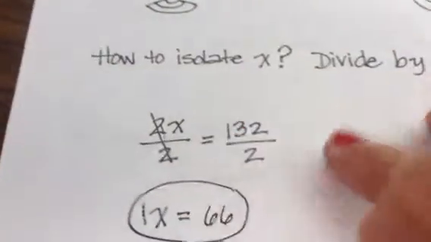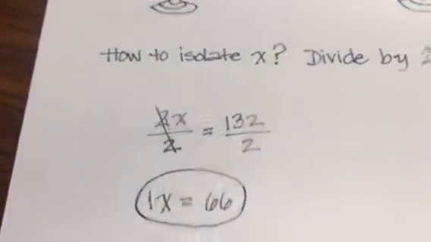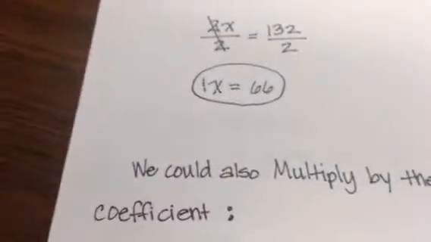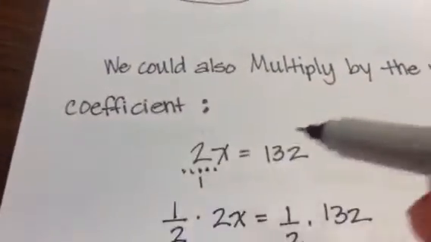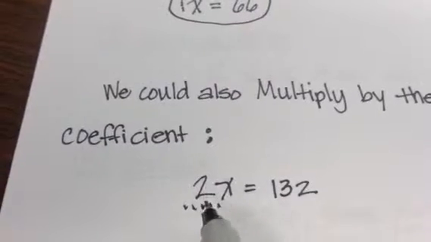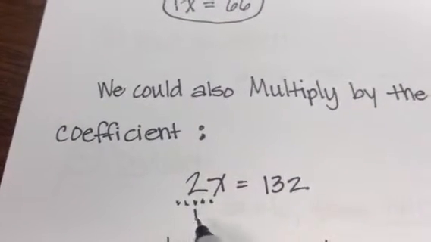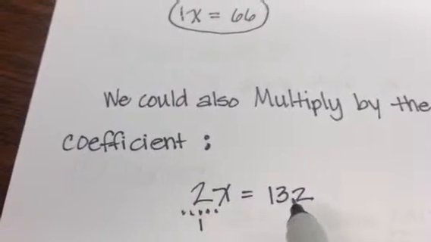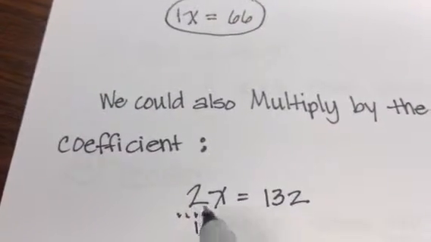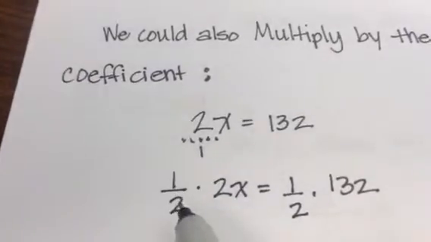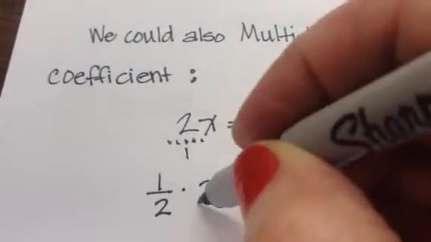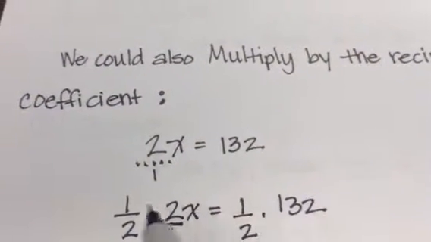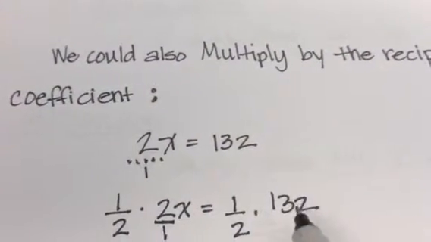Now, if your brain doesn't like the way that looks, we can also do it a different way. We can multiply by the reciprocal of the coefficient. If you want to think of whole numbers, they are really themselves over the number 1, right? So this could be like 2 over 1, x equals 132. What's the reciprocal? One half. So you would take 1/2 times 2 over 1, equals, remember, whatever I do to this side, I must do to the other side.